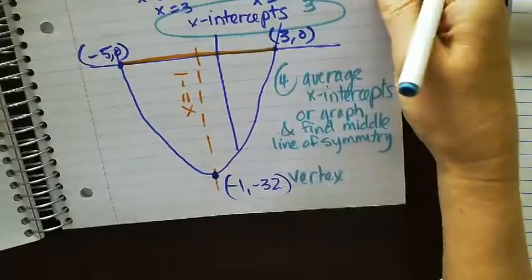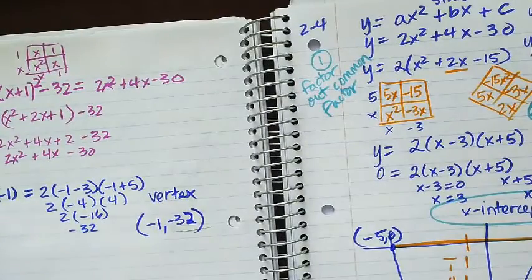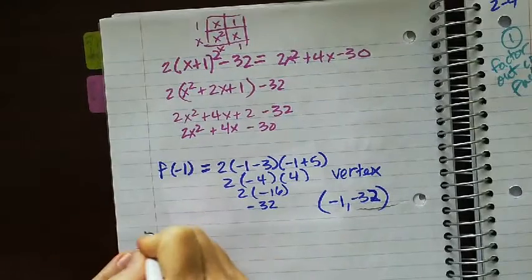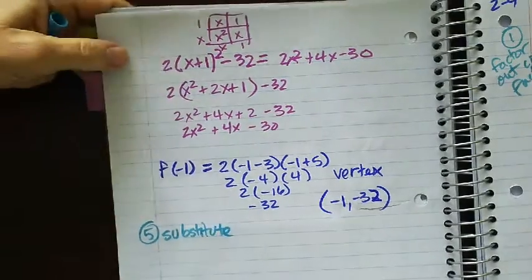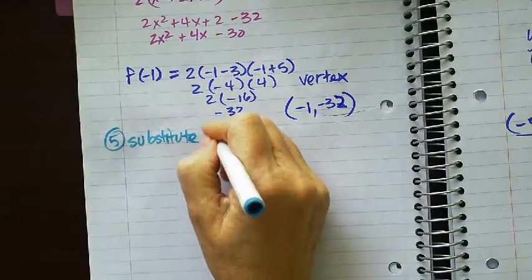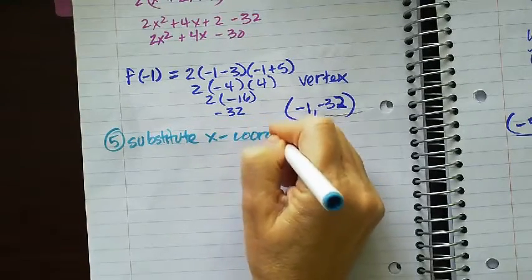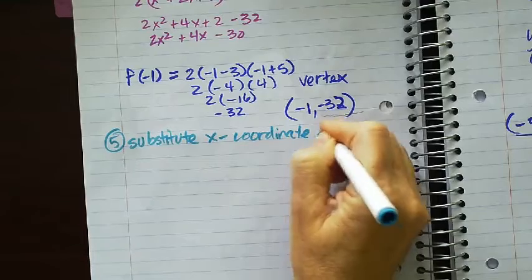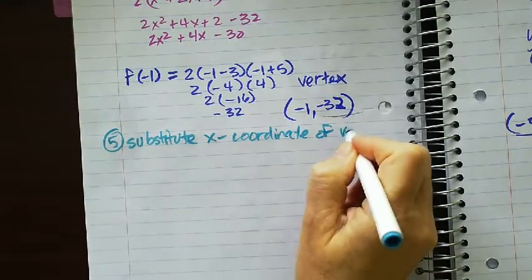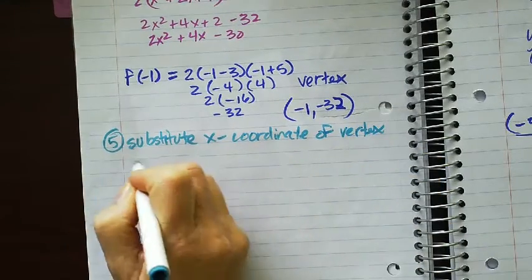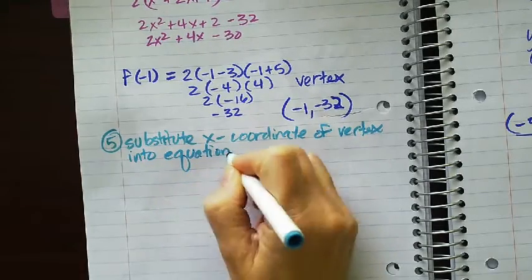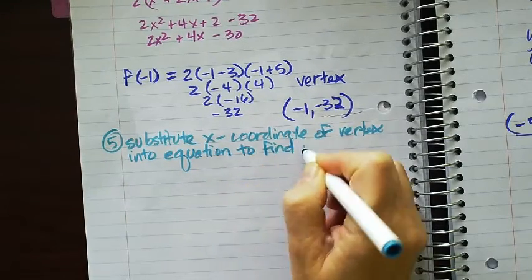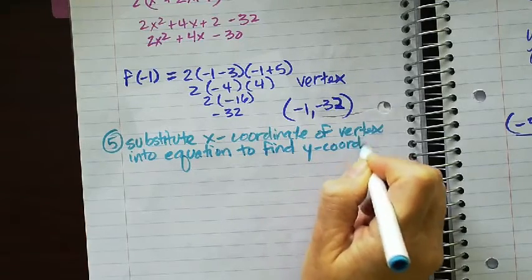And then, okay, we substituted, so this was our last step: substitute the x coordinate of the vertex into your original equation to find the y coordinate.